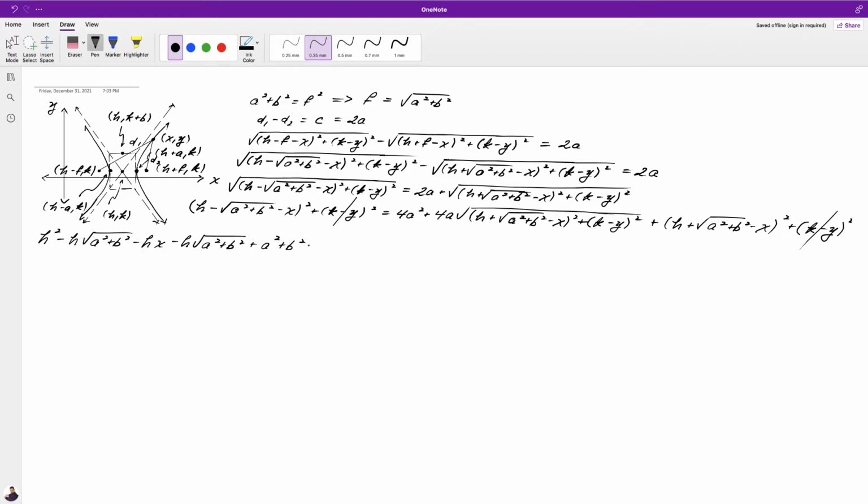And then this times this, so it's going to be plus x square root of a squared plus b squared. Okay, good. And then it's going to be minus hx and then plus x times the square root of a squared plus b squared. And then plus x squared. There's your left-hand side.